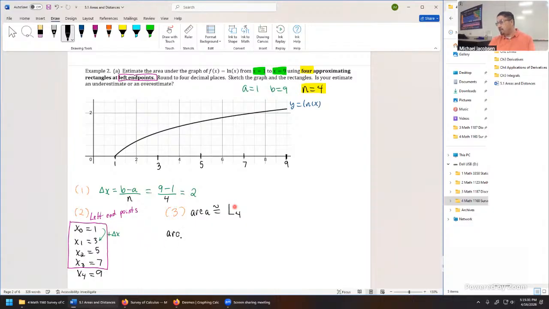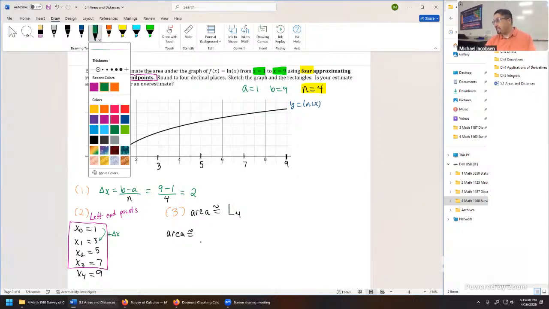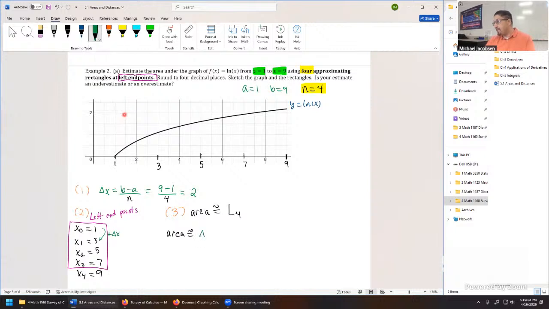By formula, the area is going to be approximately equal to, now plugging in these values, we're taking delta x multiplied by, here's the graph, f of x equals natural log x. Down below is the graph rather. This is the function definition above.